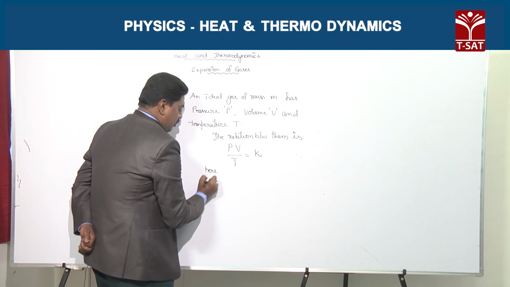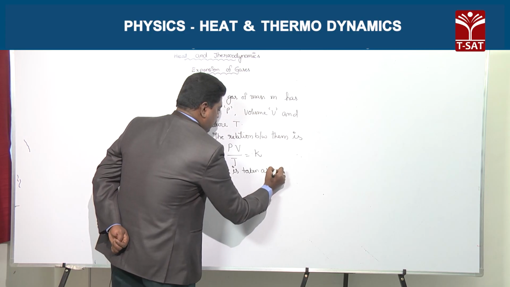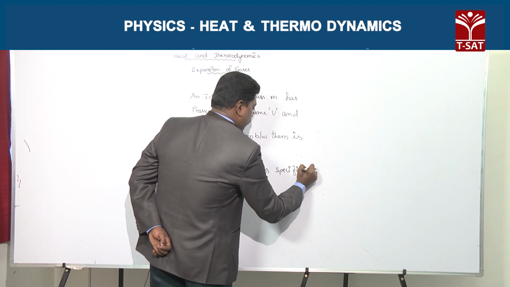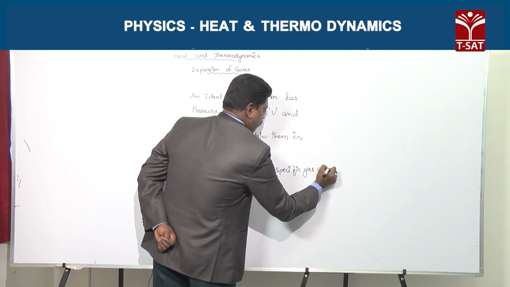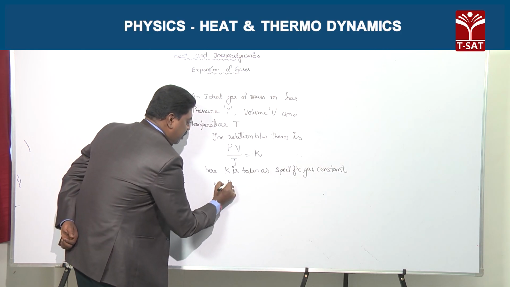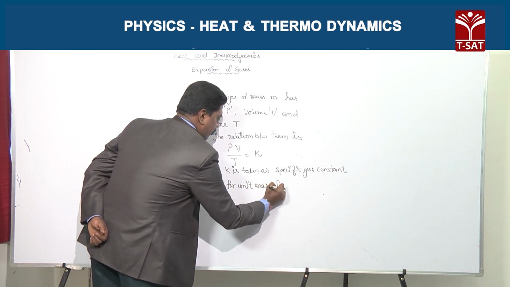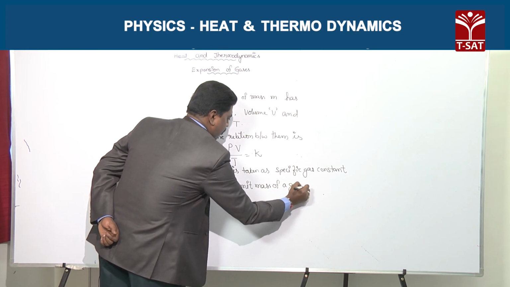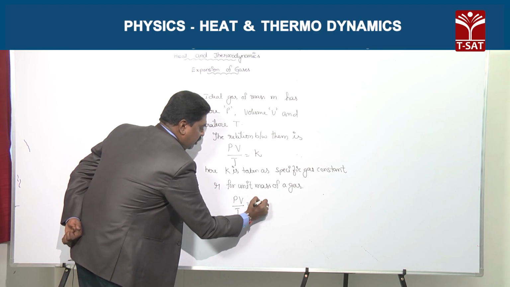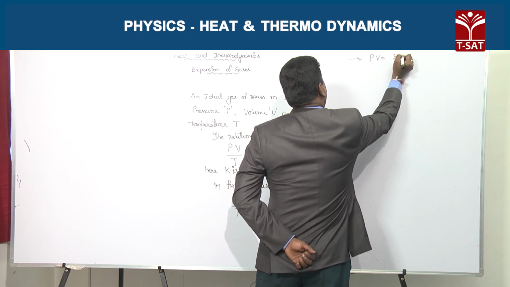Here K is taken as specific gas constant r for unit mass of gas. So it is given as PV by T is equal to r, implies PV equals to rT.